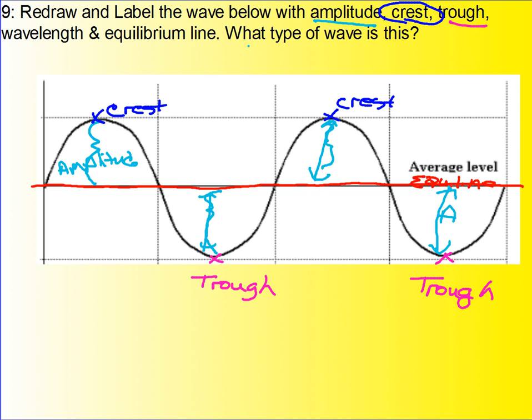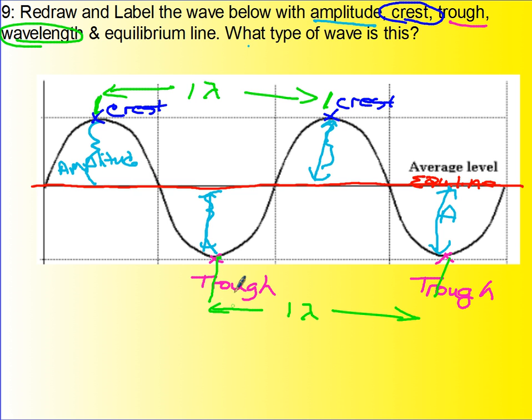A wavelength. Remember, a wavelength is from crest to crest or trough to trough. So one wavelength is from crest to crest. One wavelength. A wavelength is a distance. All right, you could also go from trough to trough. It doesn't matter. You can make one complete sine wave, but I wouldn't do that, because unfortunately, what students tend to do is they'll only do half of it.